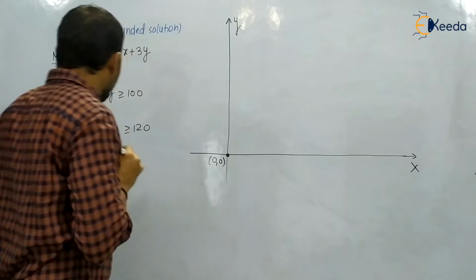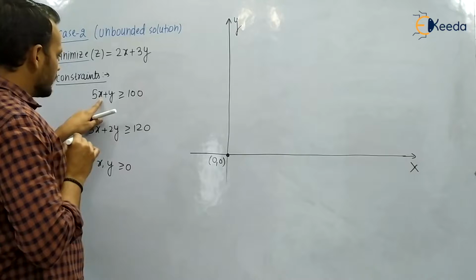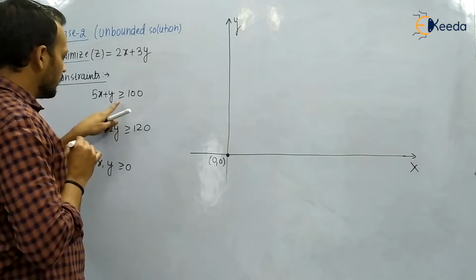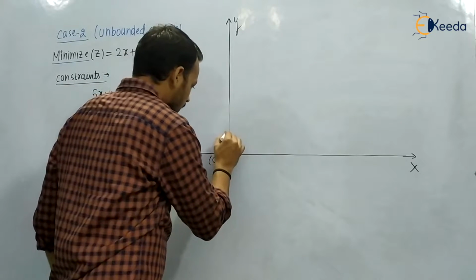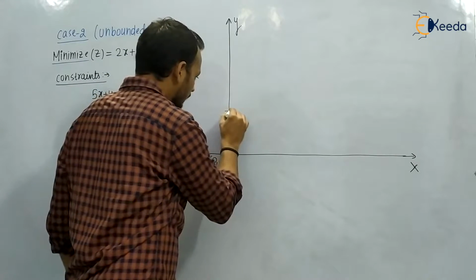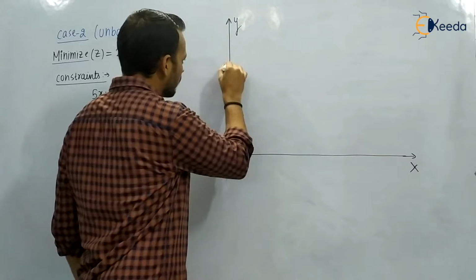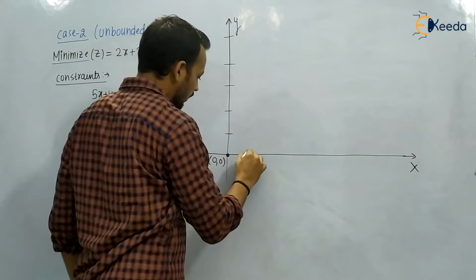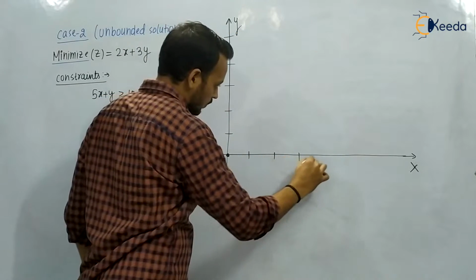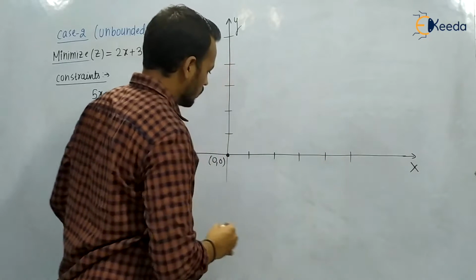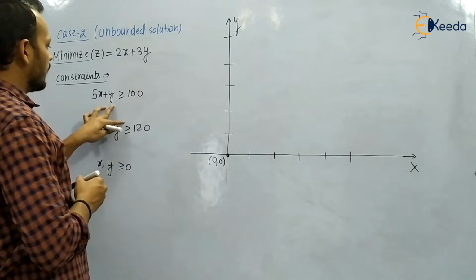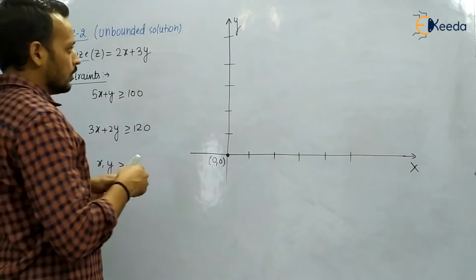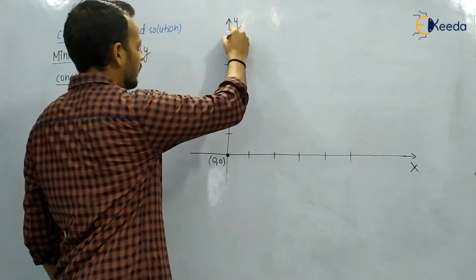The first constraint says that when x is 0 then y is 100, and when y is 0 then x is 20. So we will take a scaling of 20-20. When x is 0 then y is 100, when y is 0 then x is 20, so our graph is like this.